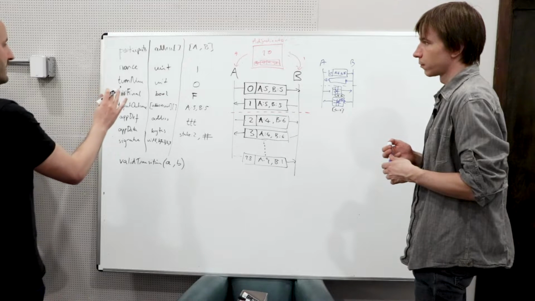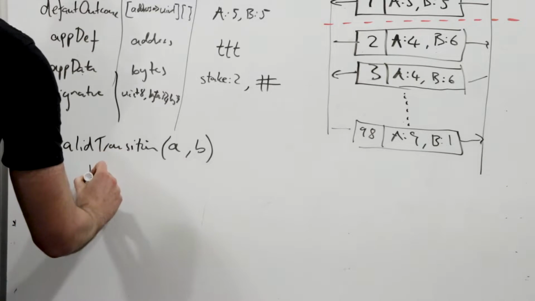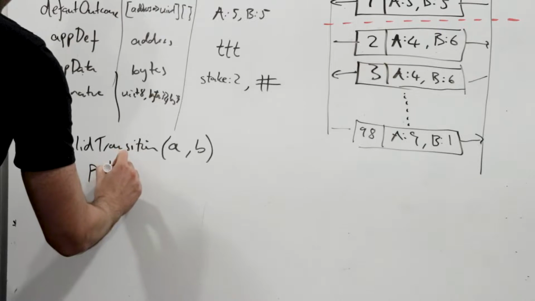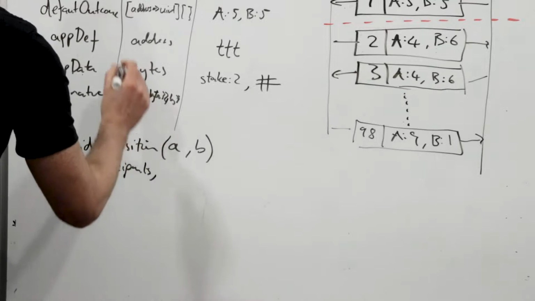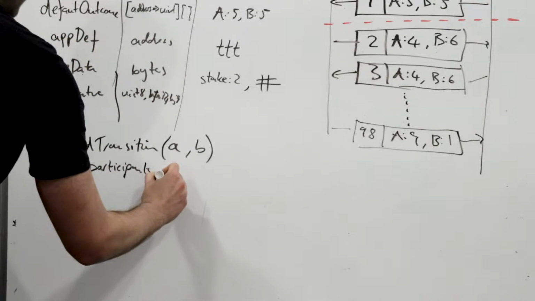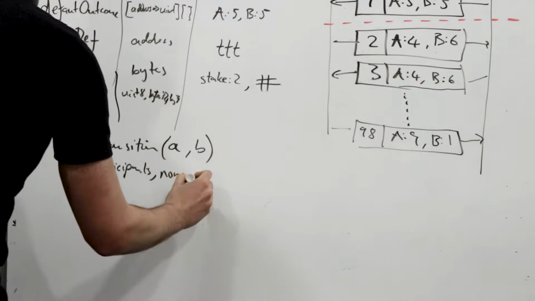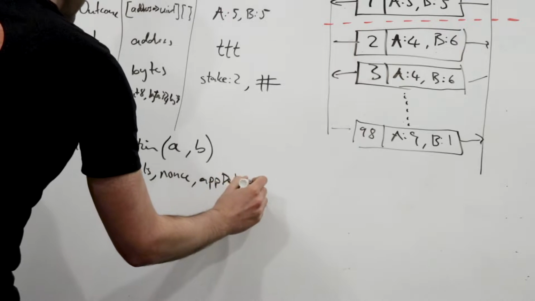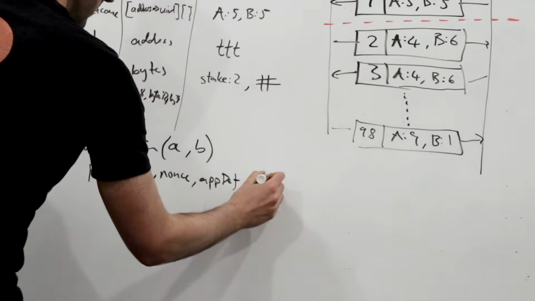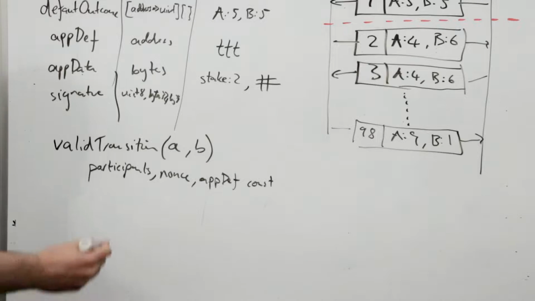There are some things that have to stay the same: the participants, the nonce, and the app definition have to be constant. So A.participants equals B.participants, etc.